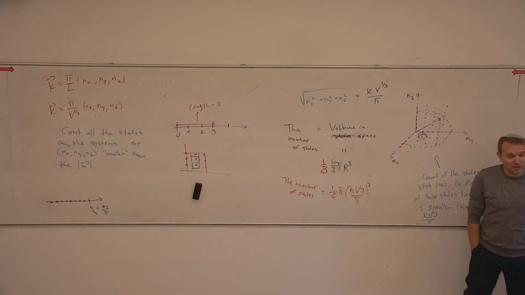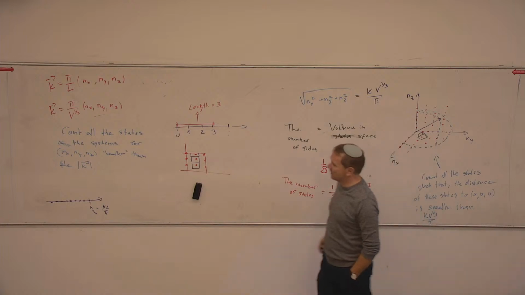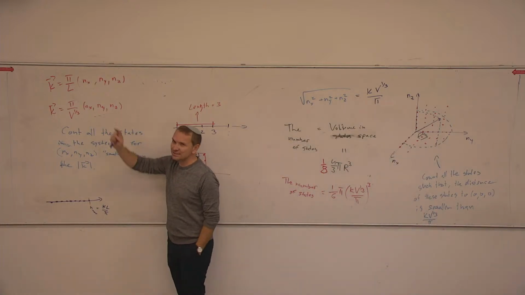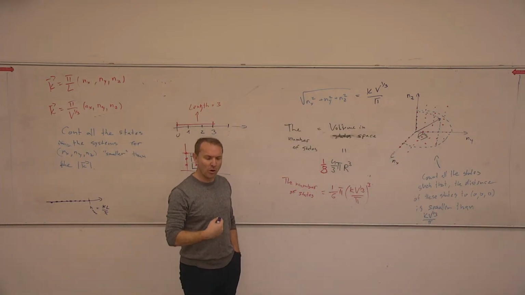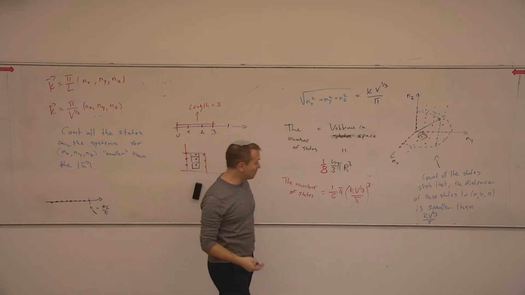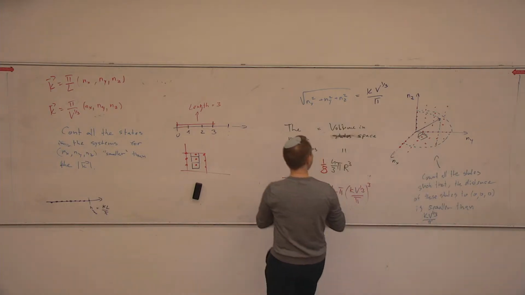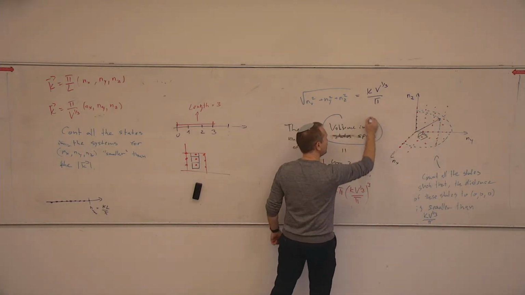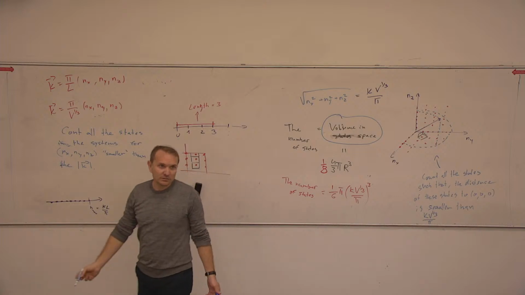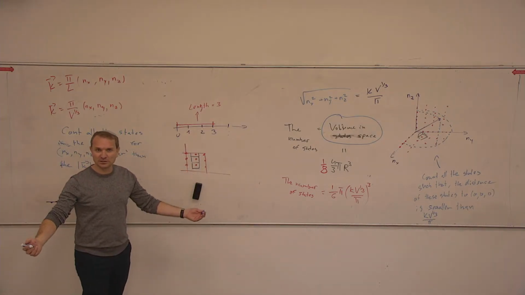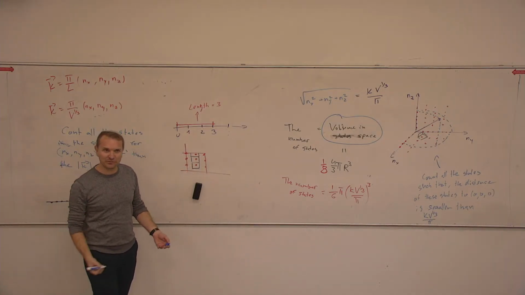If your configurational space, nx, ny and nz, is going to be something more complicated, yes, it's going to be more complicated, but where is the complication going to come from? It's going to come from calculating your total volume. For simple figures, the total volume is something simple.